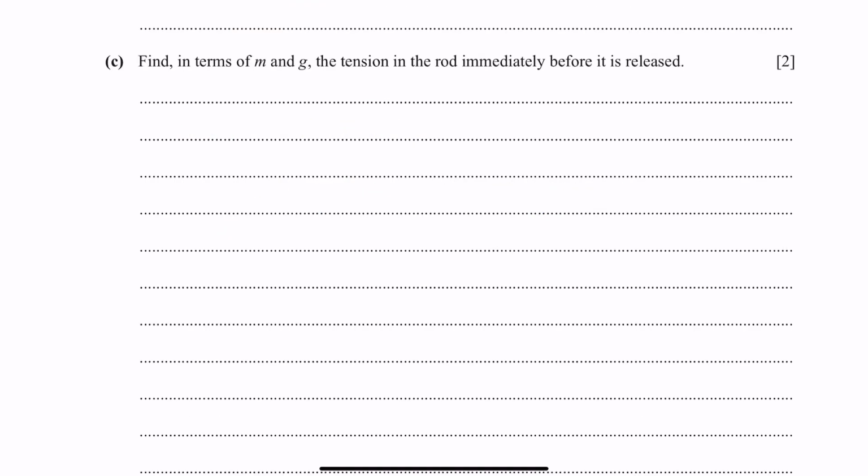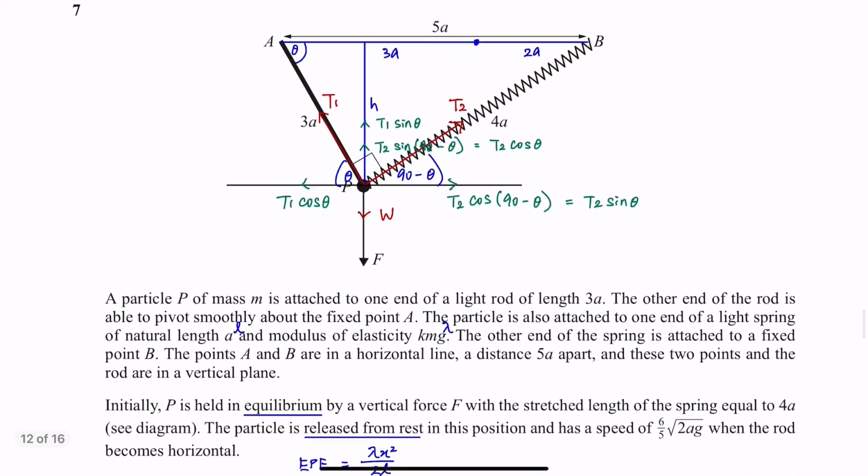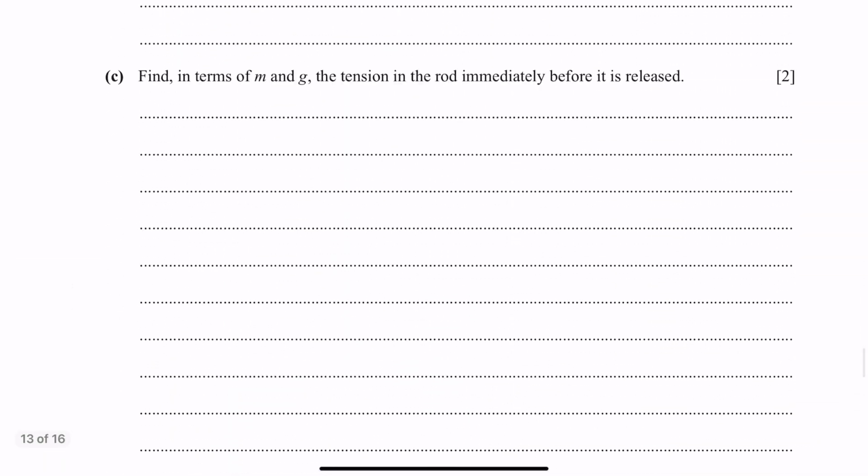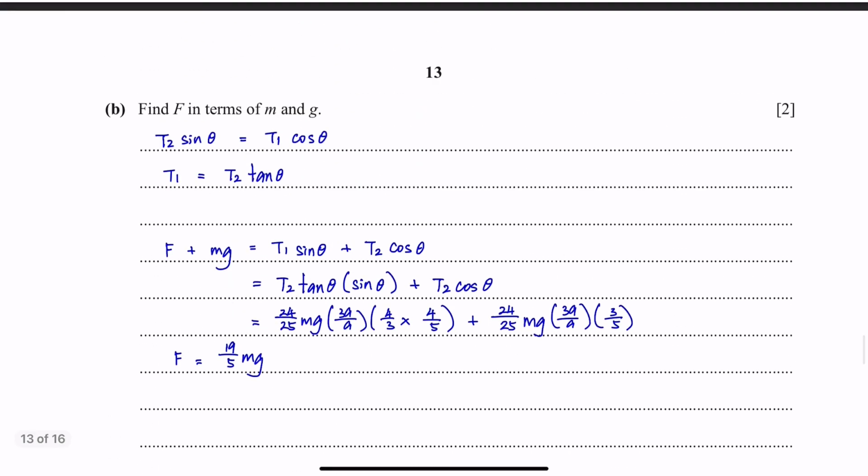For part C, we need to find the tension in the rod immediately before it's released. So tension in the rod, we called it T1 just now. So T1 is T2 tangent theta, right?